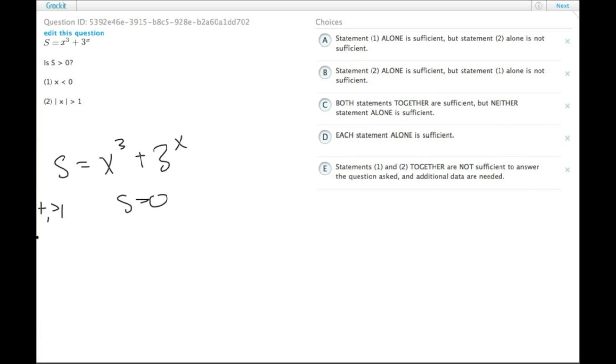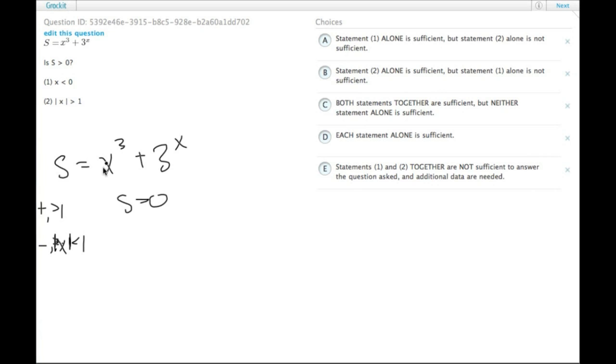If x is a negative fraction, so negative and, I guess I want greater than, negative and the absolute value will be less than 1. Let's see, there we go.